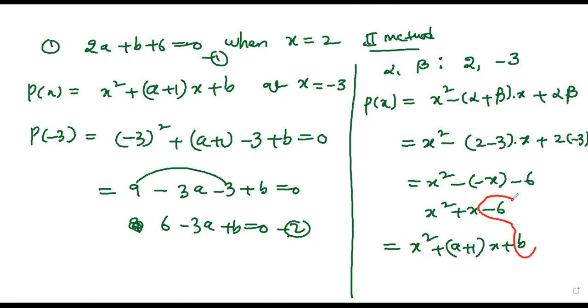The value of b is equal to minus 6. For the value of a, before x we have no coefficient, so you have to take 1. That means a plus 1 is equal to 1, then a is equal to 0. So a is equal to 0 and b is equal to minus 6.